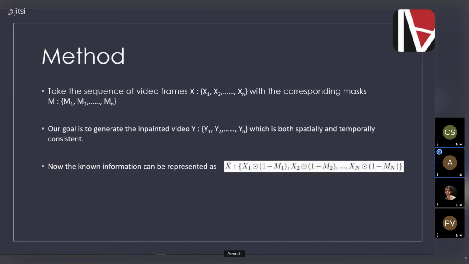Now, the information we can gain from X and M is represented by the equation there. That is, Y1 can be expressed as X1 dot product of 1 minus M1. In M1, we have the first frame and the object is masked, and we want everything but the masked object. So it's 1 minus M1.